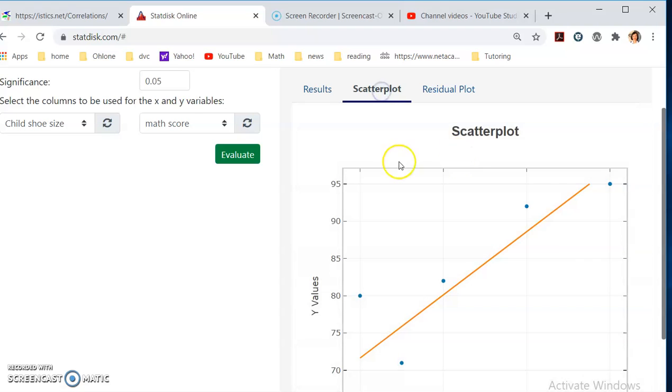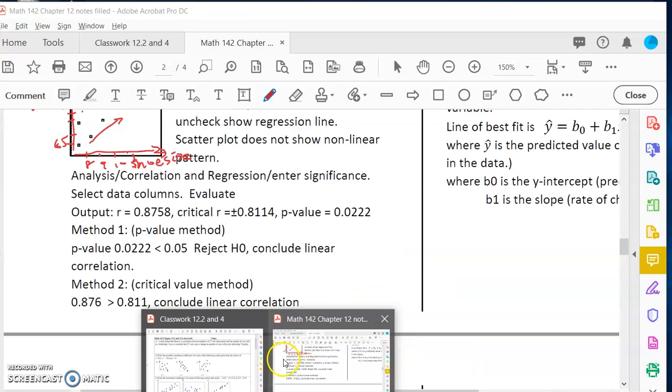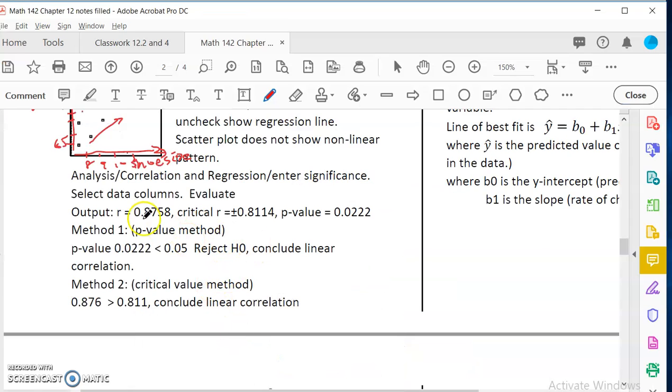You can also look at the scatter plot again to confirm that yes, it's positive. It's actually quite close. So now let's go back to our output: r is 0.876, critical r is plus or minus 0.811, and the p-value is 0.0222. So how do I know if there's linear correlation?